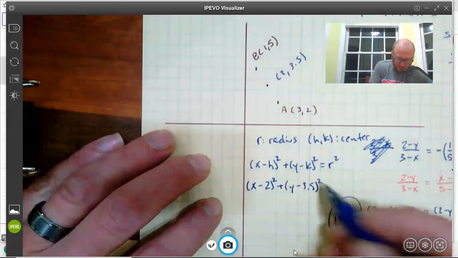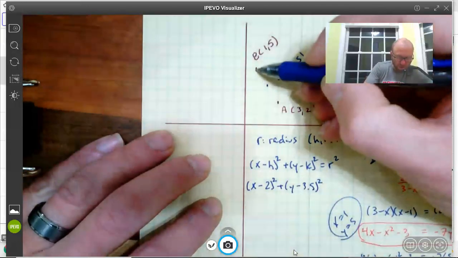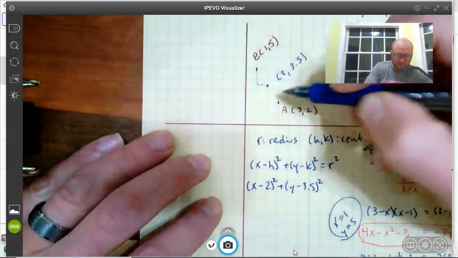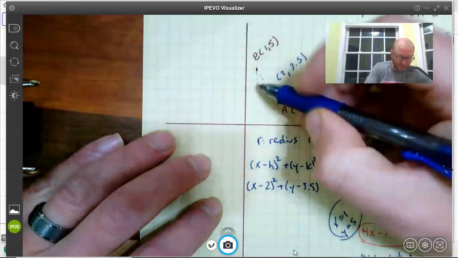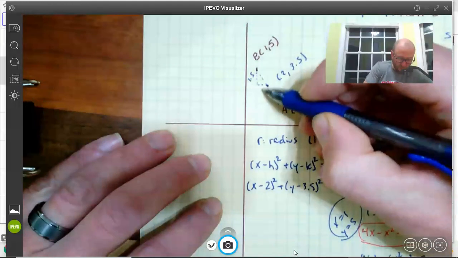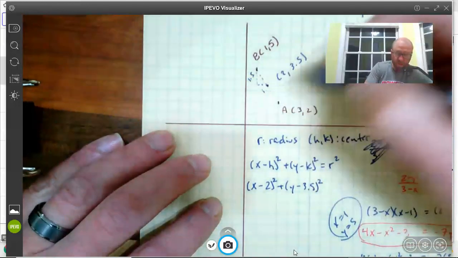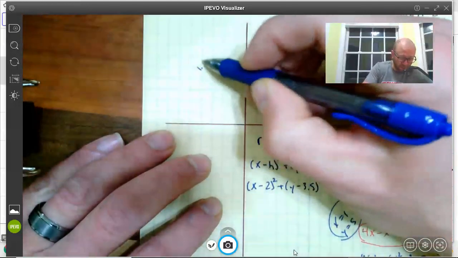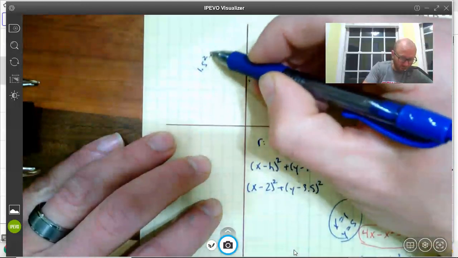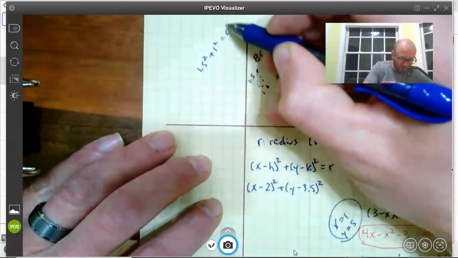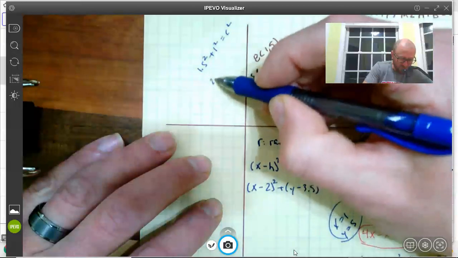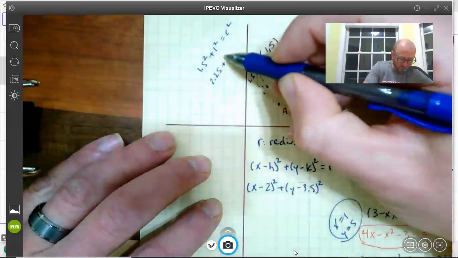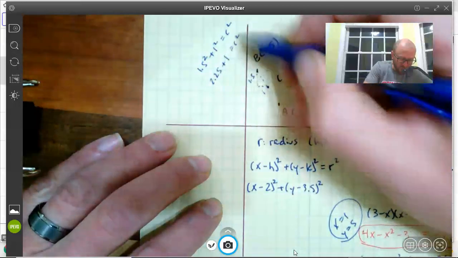3.5) squared. And then the radius of our circle here is just the distance from the center to the edge, and that's going to be 1.5 and 1. So I do our Pythagorean theorem here. 1.5 squared plus 1 squared is c squared. That's 2.25 plus 1 is c squared.